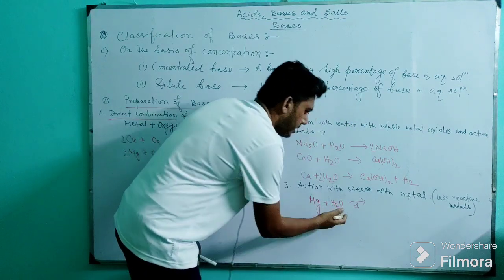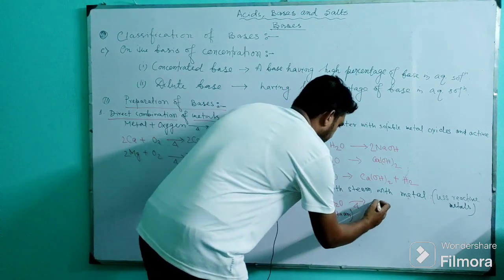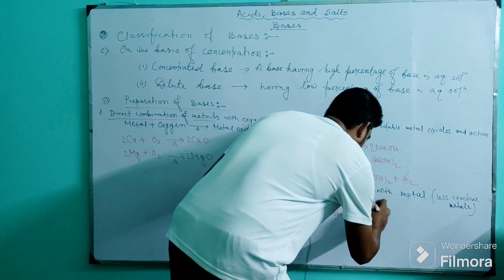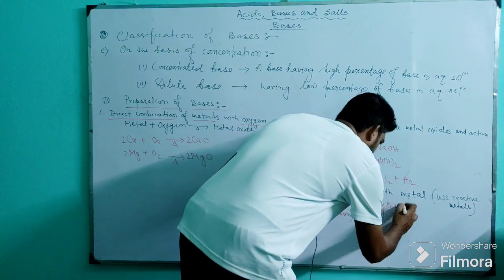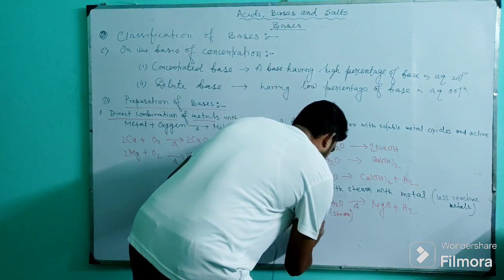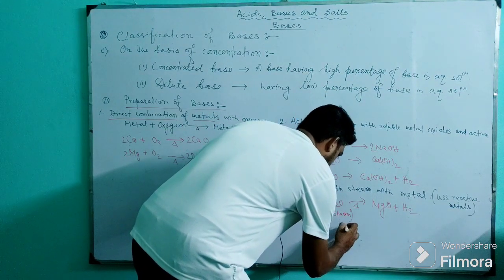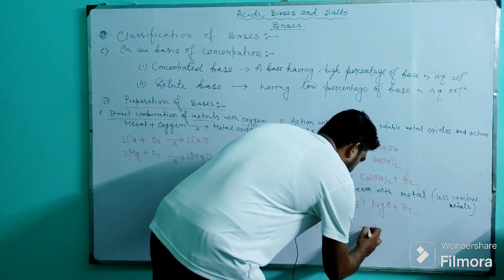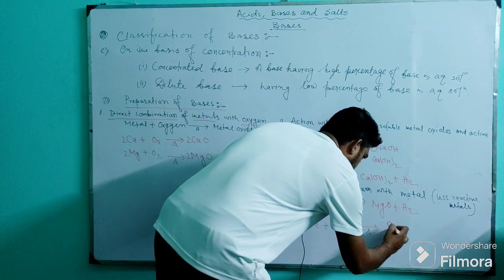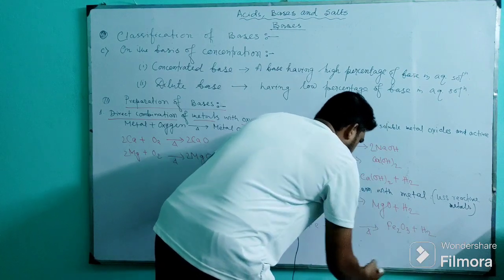As this is steam, it will form magnesium oxide plus H2. Another example we can take is iron, Fe, and H2O. On heating it will form ferric oxide plus H2.